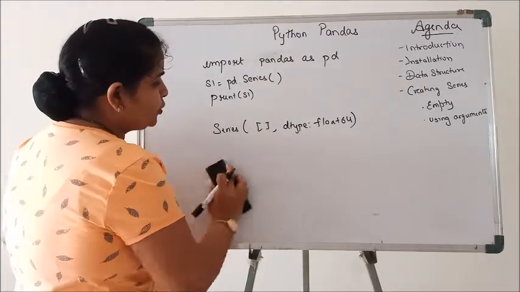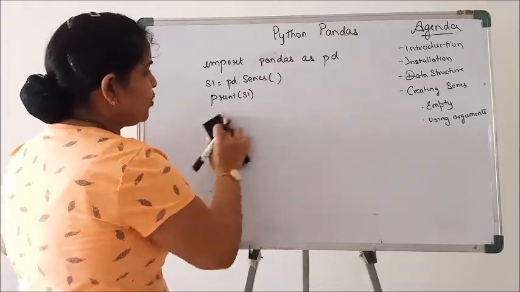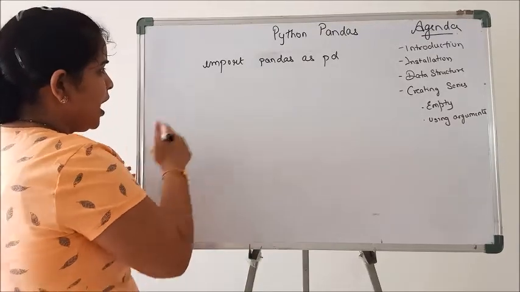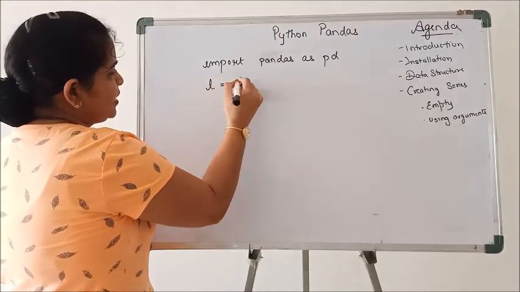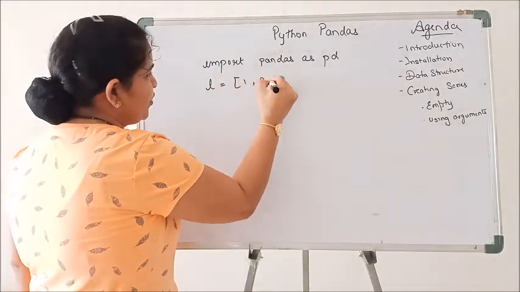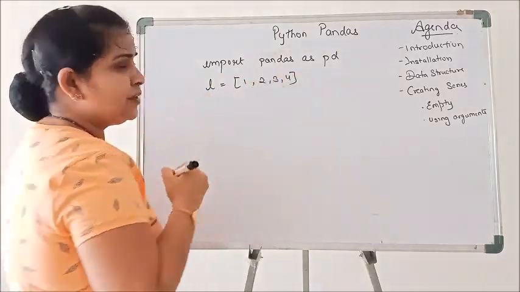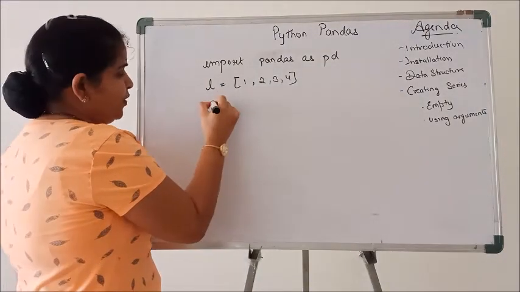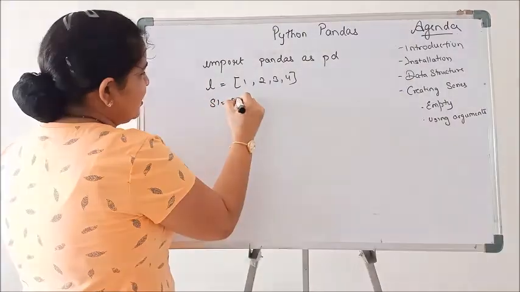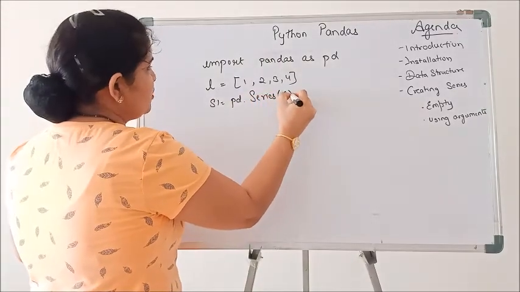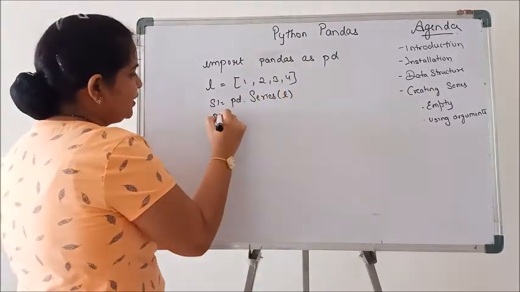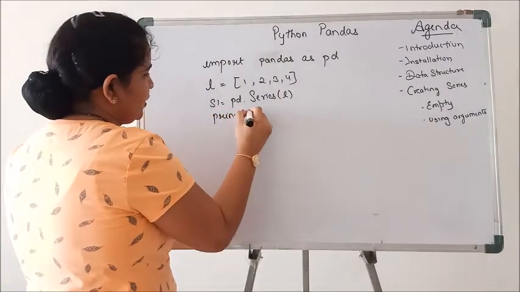Now if you want to use arguments, meaning if you want to give some values in the series, the argument can be a list. L is equal to, suppose I have a list 1, 2, 3, 4. After that, S1 is equal to pd.Series, with capital S, and in brackets you can use L, then print S1.